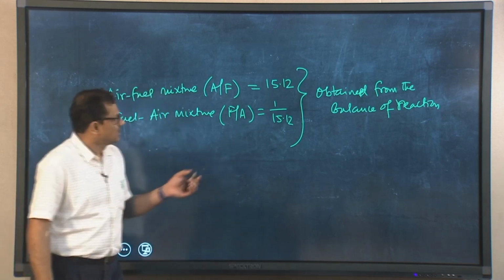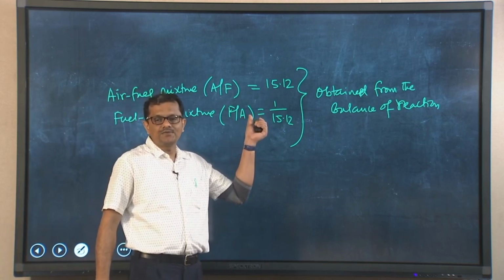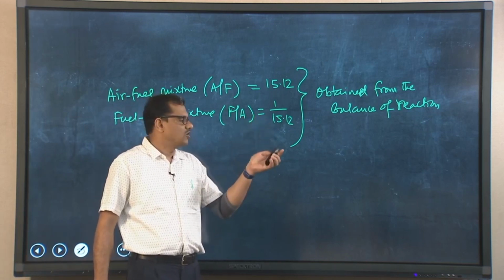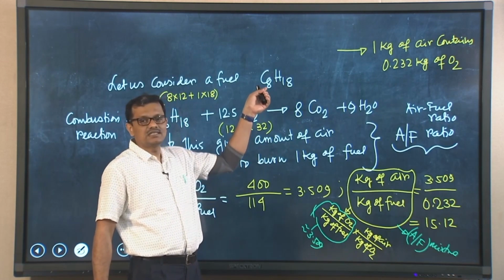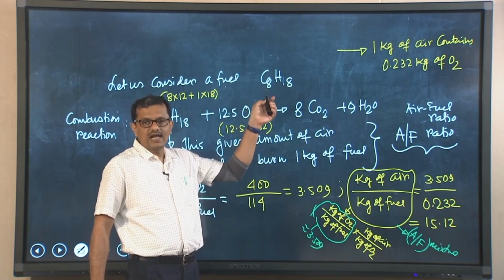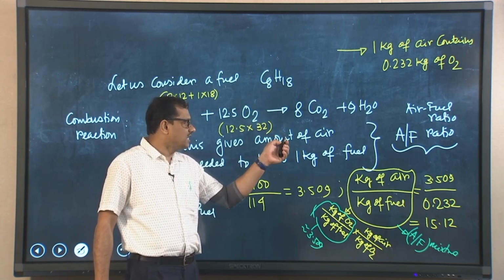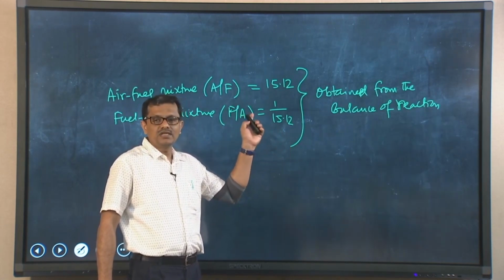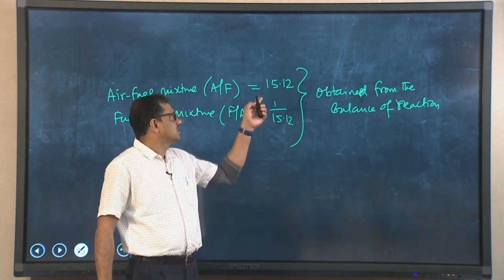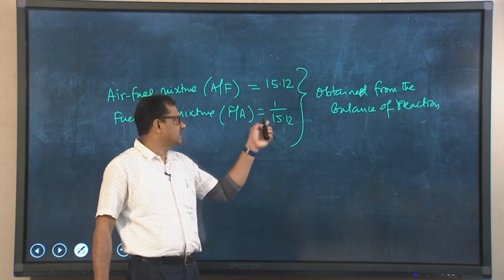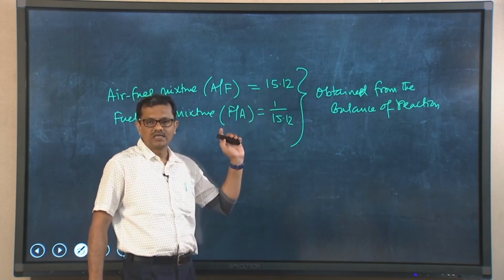Let me tell you once again, we could calculate the air fuel ratio or fuel air ratio for this particular fuel, which is C8H18, from the balanced reaction. We had seen that the stoichiometric air fuel ratio is 15.12 or the fuel air ratio is 1 upon 15.12.